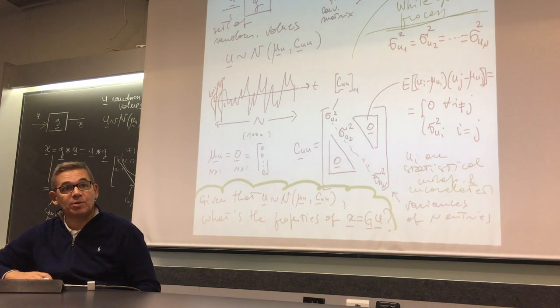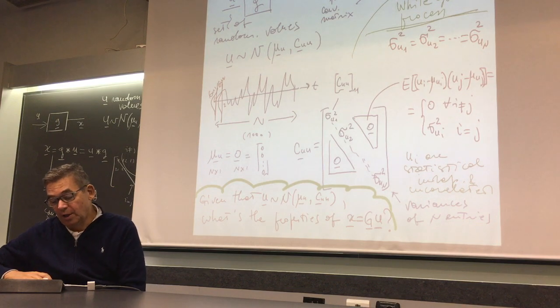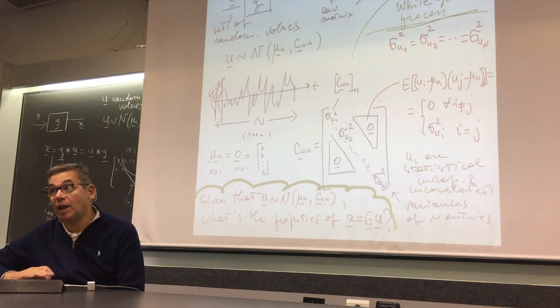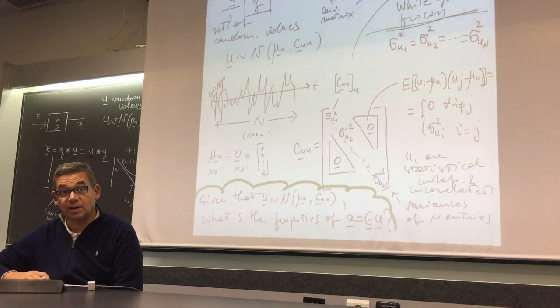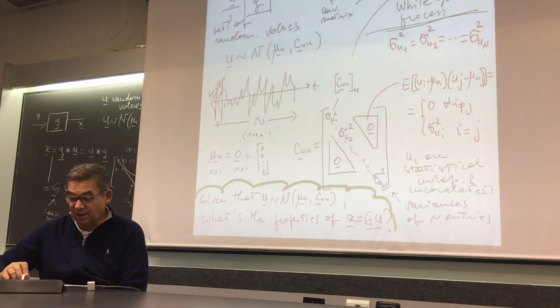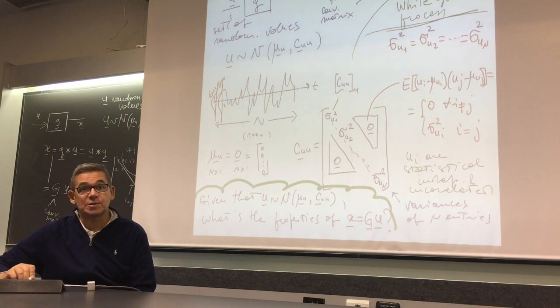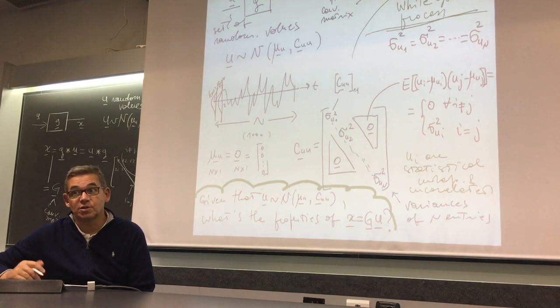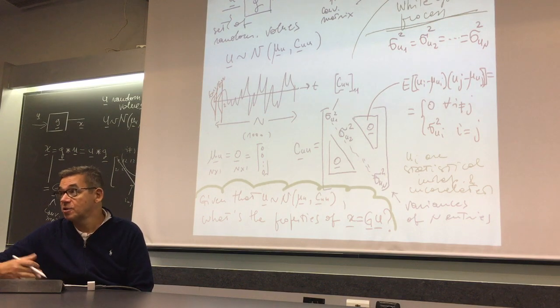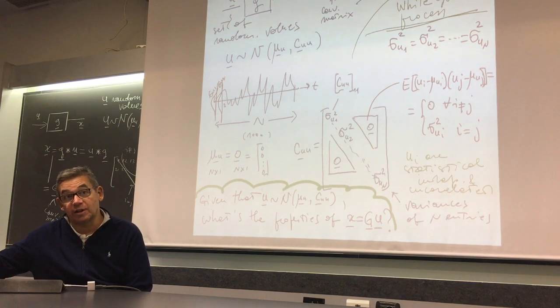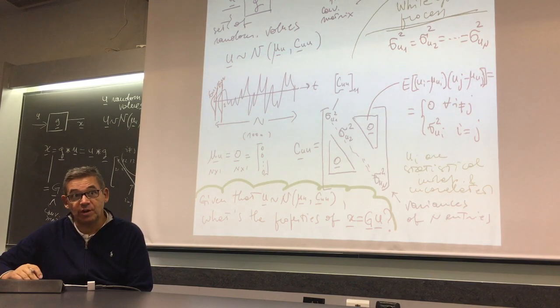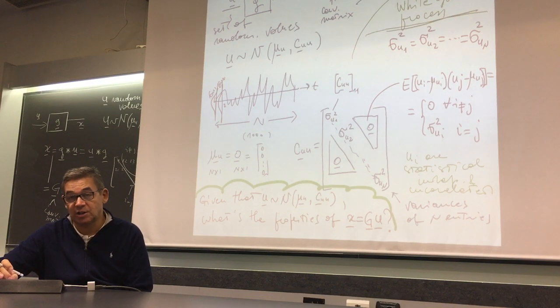This problem is called a linear transformation for any random vector. It's a linear transformation because I take the vector u and transform it into a vector x. So let's look at the property in general. This is the motivation. Now let's look at the property in a general case.